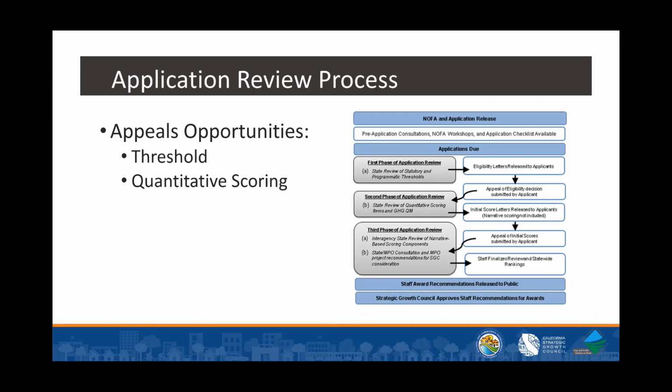The next phase is the quantitative review process. During this stage, the quantitative policy scoring section will be reviewed by staff, and CARB will review the benefits calculator tool to determine the ranking and binning of the GHG scoring. This phase accounts for 85 of the 100 points available.